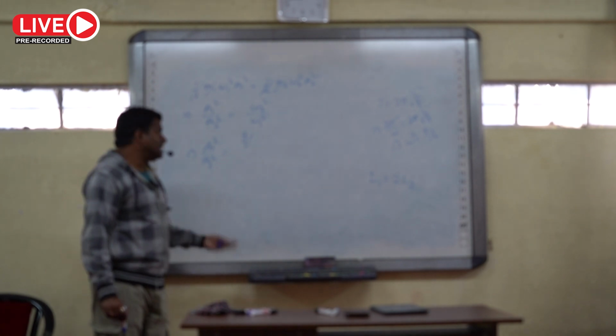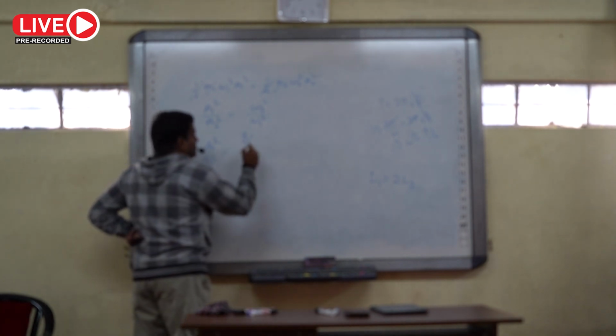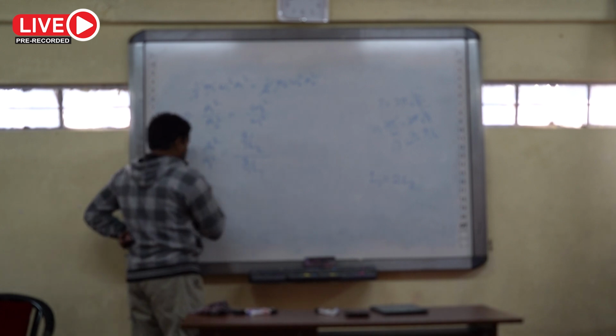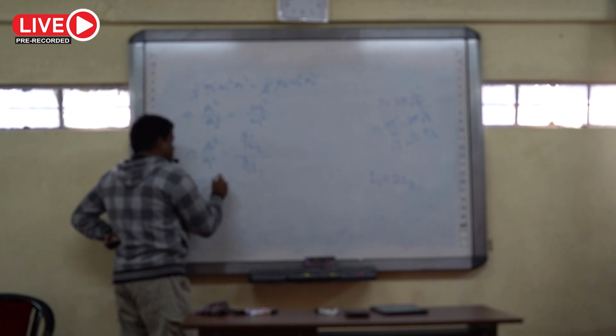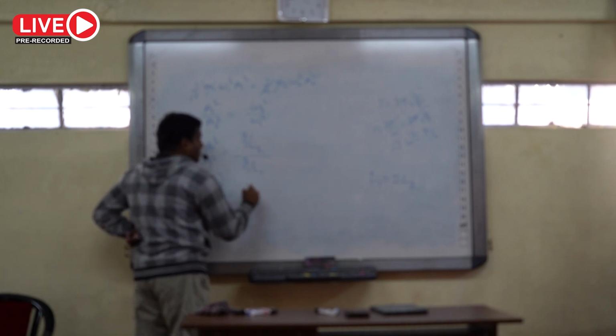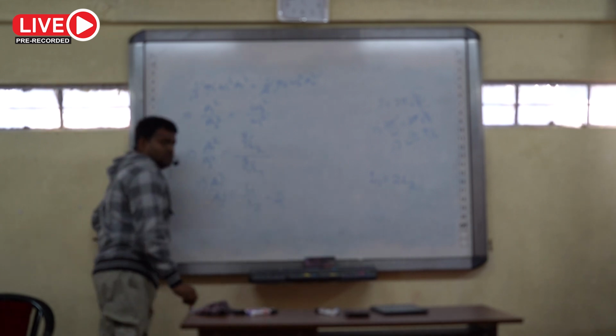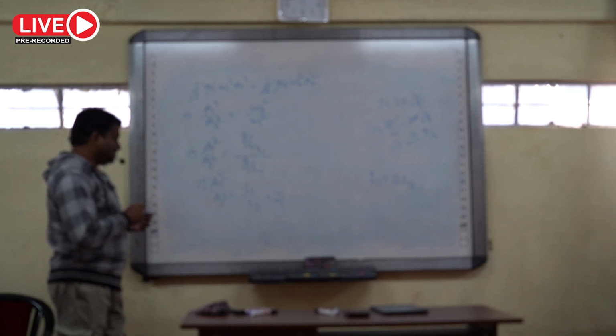So A1 square by A2 square will be equal to L1 by L2, but L1 by L2 is 2.